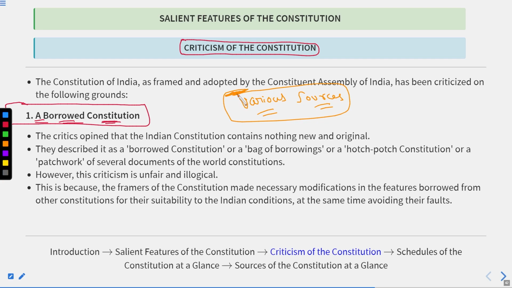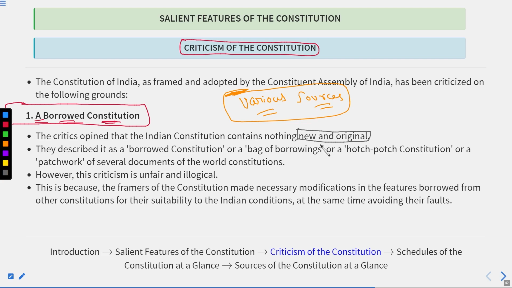Because of this, many critics describe it as a borrowed constitution, a bag of borrowings, a hodgepodge constitution, or a patchwork of several documents of the world constitution.